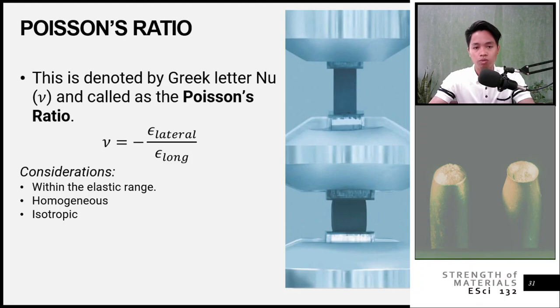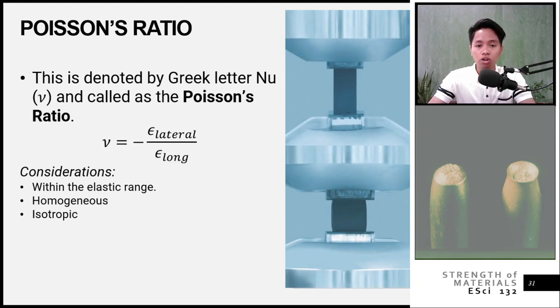And when we say isotropic, it means all the properties are the same at any side of the material. The best example of a non-isotropic material is wood, so wood cannot be used with Poisson's ratio. If you research about wood or lumber, you will know that its strength is not the same at all sides.